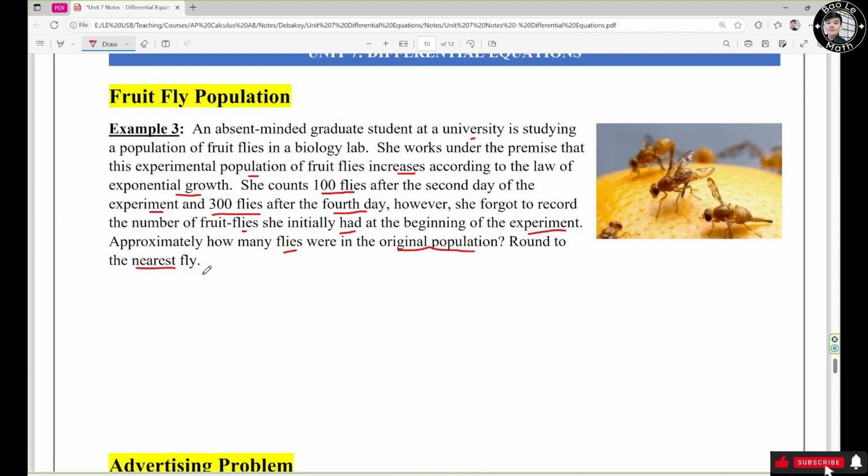Alright, so first you need to summarize the problem. She counts 100 flies after the second day, so you have the ordered pair 2, 100. Next, she counts 300 flies after the fourth day, so you have the second ordered pair 4, 300.